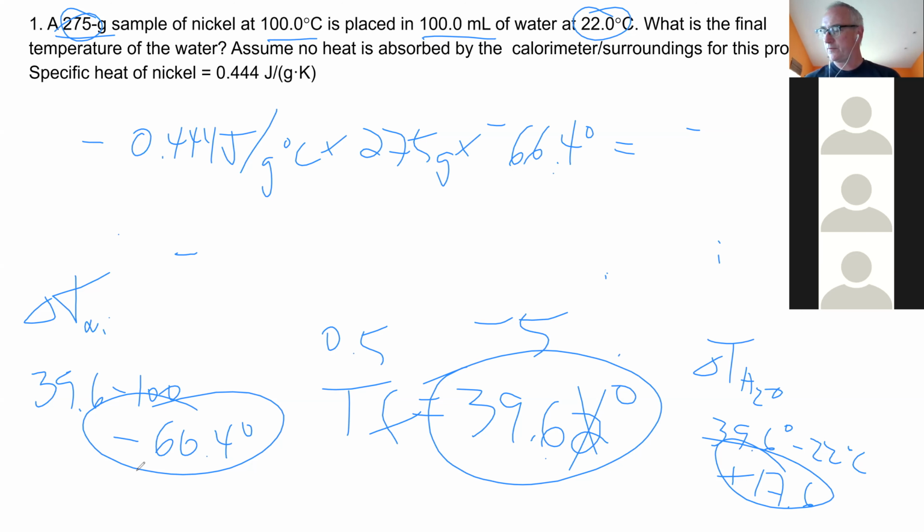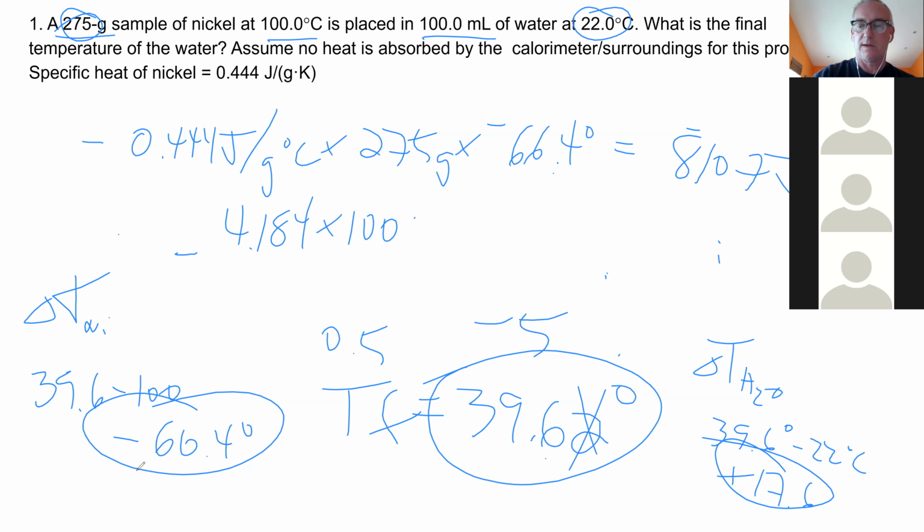So 0.444 times 275 times 66.4. So the nickel should have lost 8,107 joules. And let's look at the water. So the water is 4.184 times 100 times 17.6. Hopefully we'll get the same thing.